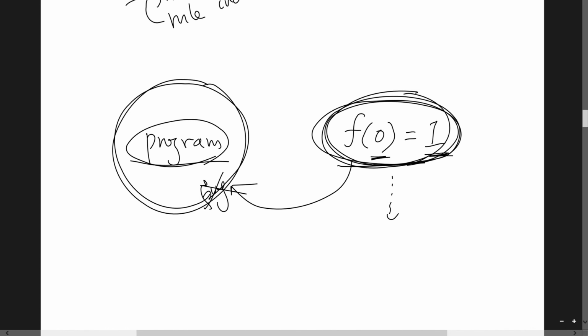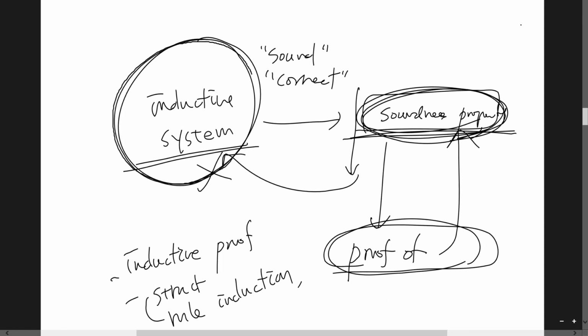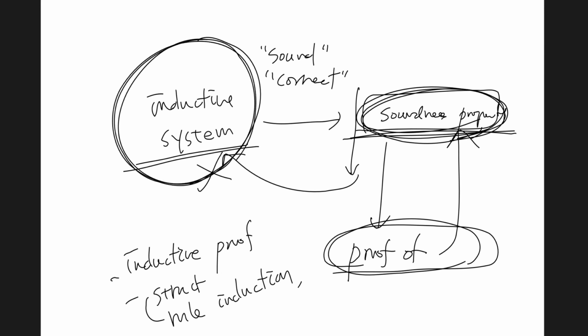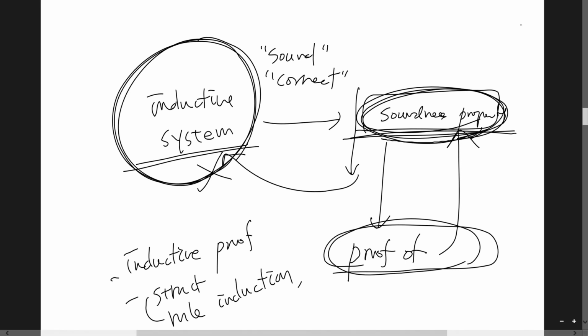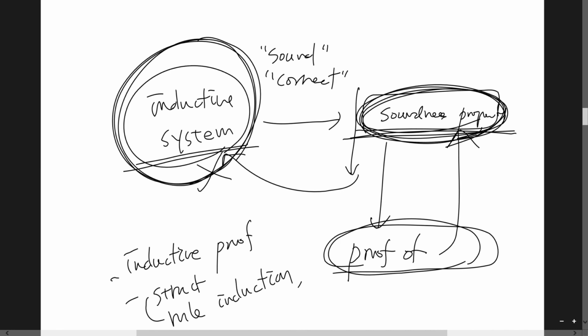And this can be compared to this situation. You are given this inductive system, and you are not sure whether the system is okay. So you try to prove this soundness property. And if the system has a bug, you might be lucky to find the bug because the proof does not complete.